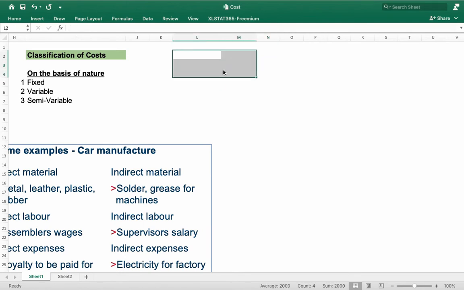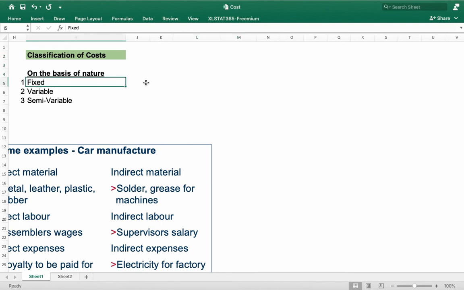So what is the definition of fixed cost? Fixed cost is that cost which remains fixed only up to a certain level. In my example, up to 2000 masks it remains fixed, but the moment you cross that limit, fixed cost will also change.